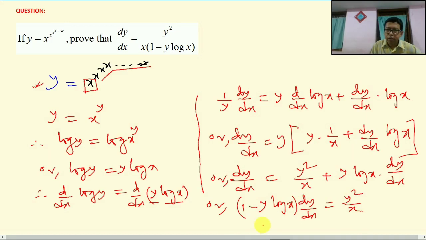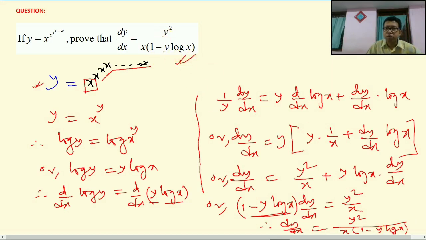So here you can find dy/dx is equal to y squared divided by x into 1 minus y log of x. Is it your proof? Yes, this is the proof. y squared divided by x into 1 minus y log of x, hence the proof. Next question.